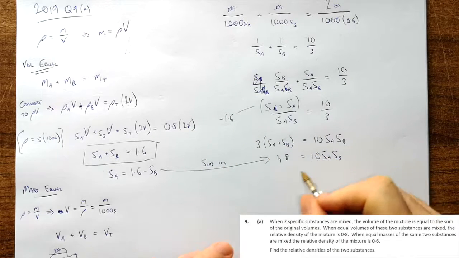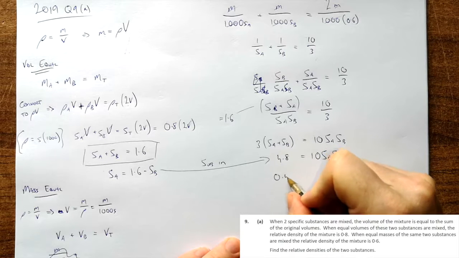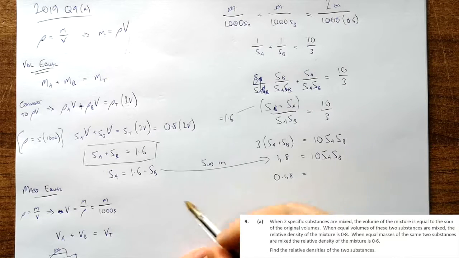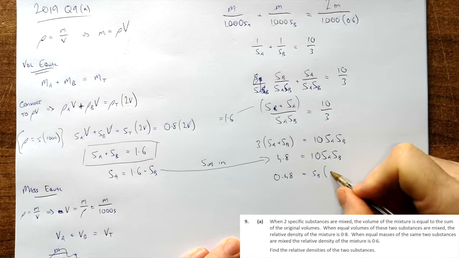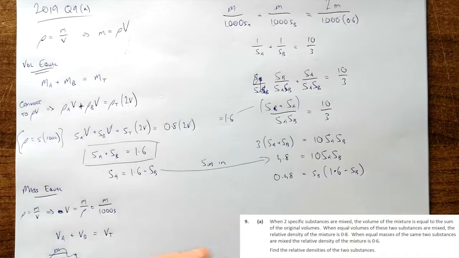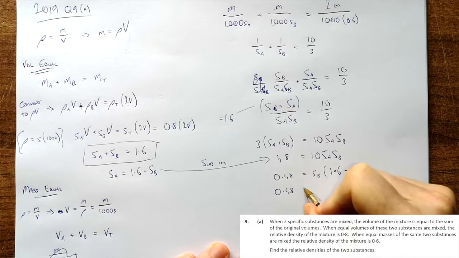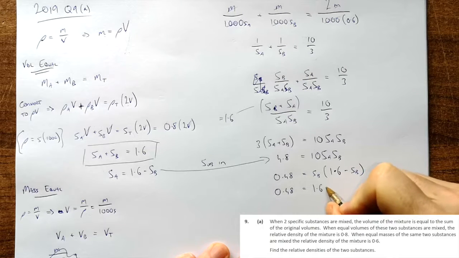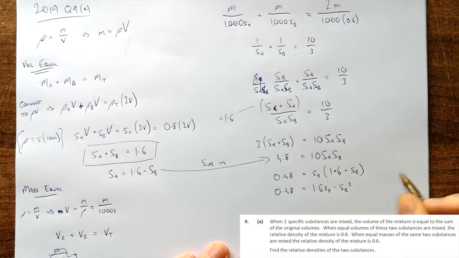Now we have, we'll get rid of the 10 over here, so I'm going to have 0.48 equals, I'm subbing in SA, so SB, factor of 1.6 minus SB. And equally, because it's subbed in SB, it doesn't really matter which way you do it. Okay, let's multiply this out. 0.48 equals 1.6 SB minus SB squared. And I'm sensing a quadratic.